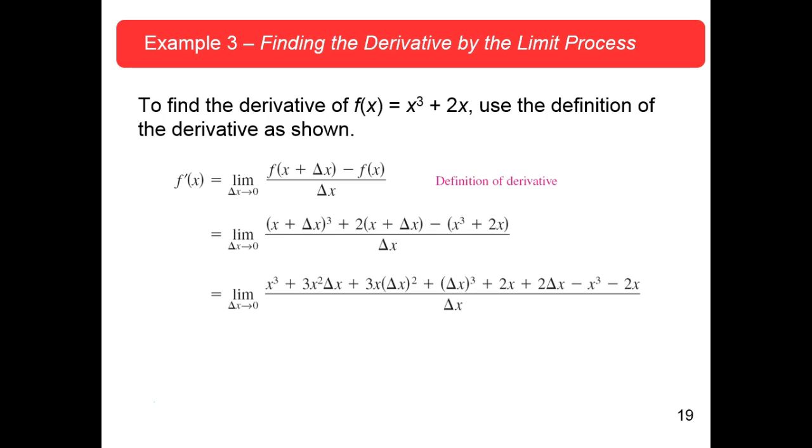Then the next term is 2 times 3 is 6, but it's the second term, so divide that by 2, and that gives you a 3 again. Drop this by 1, x, and increase that by 1, delta x squared. Then 2 times 3 is 6, so this is the third term, so divide by 3.